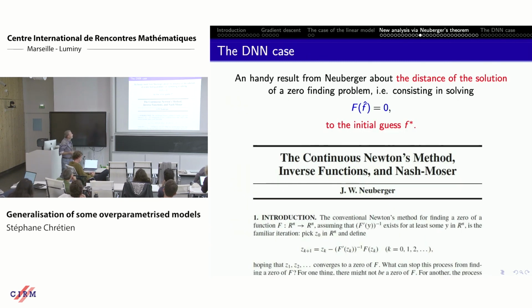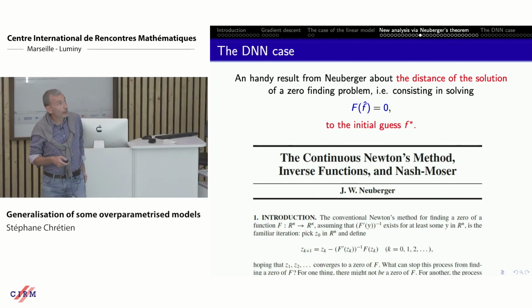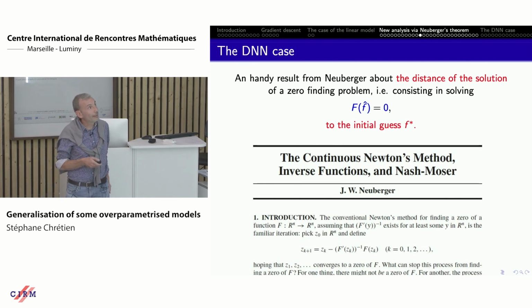This is somehow easy if you use this result by Neuberger. It's a very interesting, very easy to read paper. Maybe you recognize the style of the American Mathematical Monthly. So it's a paper that our students can read even in the morning, and it addresses the problem of solving this type of equation.